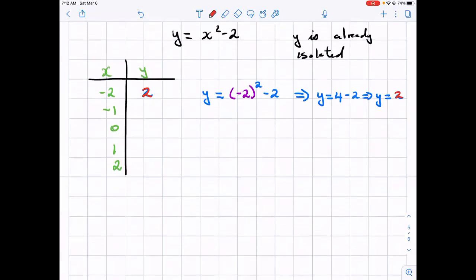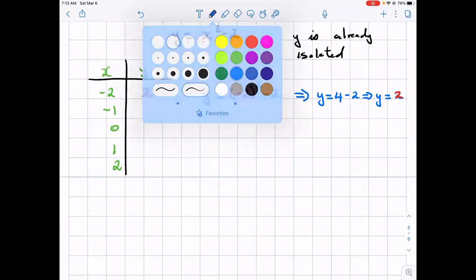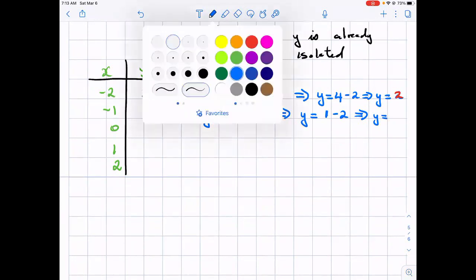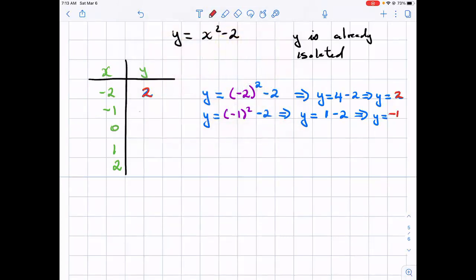We can do the same thing. So y is equal to now minus 1 squared, and then we subtract 2 from that. So y is equal to 1 minus 2, and that becomes y is equal to minus 1.